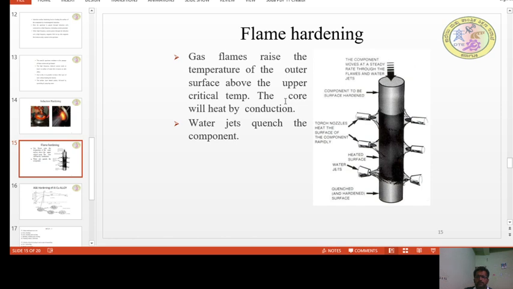With the help of these two, the surface of the shaft is heated above 900 degrees centigrade. That means austenite is formed, and then it is immediately quenched, which results in the hardening of the surface. This is a very simple and generally used type of surface hardening. It is more economical compared to the other surface hardening methods.